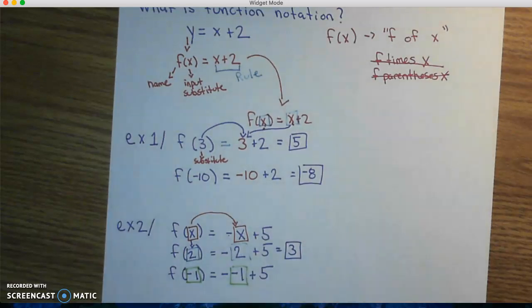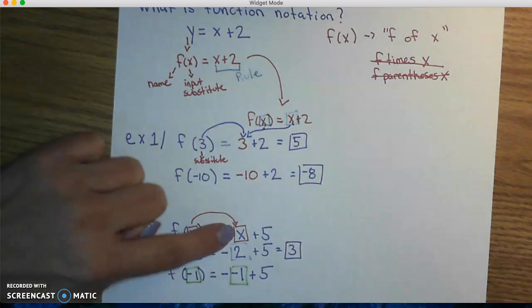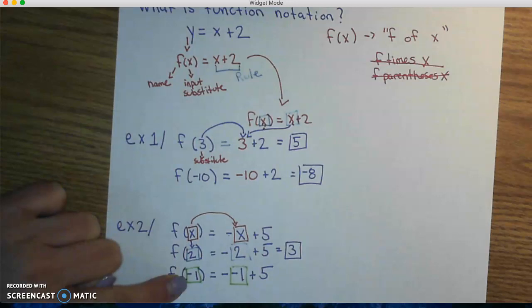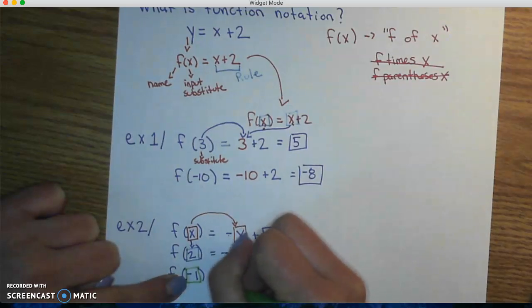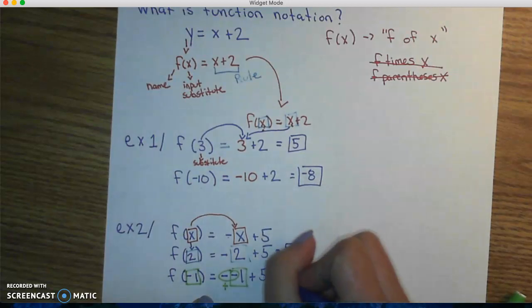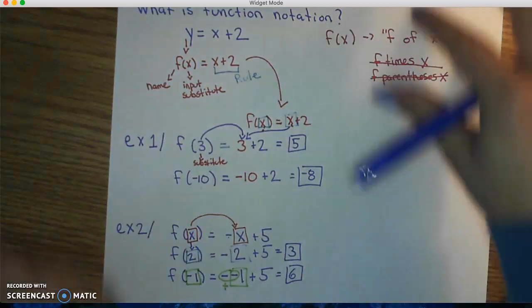So if you notice, everything stays the same, negative, negative, negative. All I'm doing is changing my input, my substitution. All right. What's a negative, negative? Positive. So what's 1 plus 5? 6. Think we got the hang of it? Let's try one more.